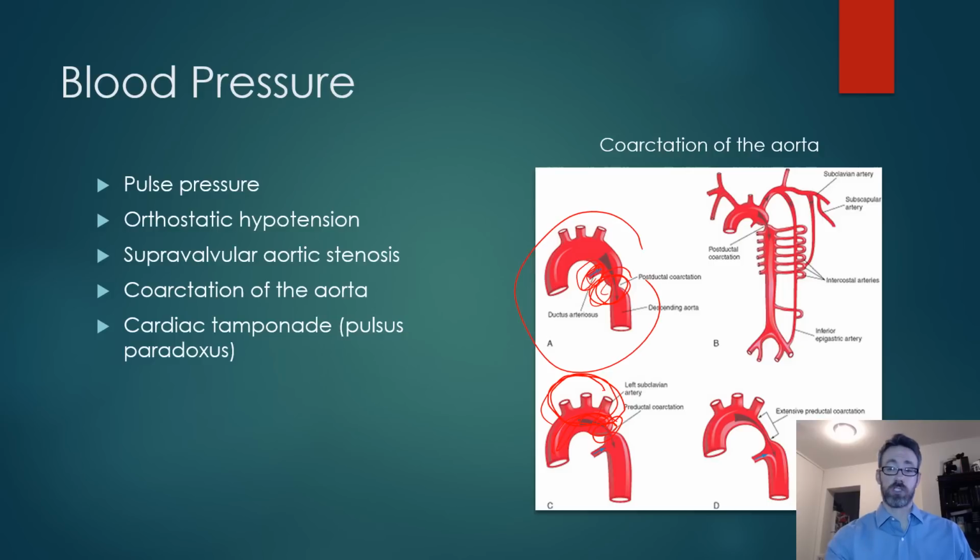So if I have a stricture there, that could increase blood pressure in my upper extremities by diverting more blood to those areas, and there's less flow to the lower extremities, so I might have lower blood pressure there. So I could have a change in blood pressure from my upper extremities to my lower extremities. Again, we'll talk more about that in another lecture. Cardiac tamponade can cause something called pulsus paradoxus, which is a change in your blood pressure when you breathe.